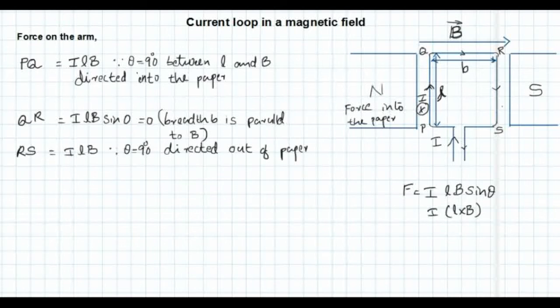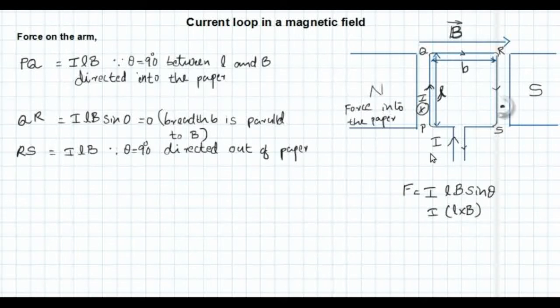So forefinger in the direction of magnetic field and the middle finger pointing downwards. Now you can see that the thumb of your left hand is directing outwards, out of the paper. So the direction of the force F equal to ILB will be directing out of the paper.